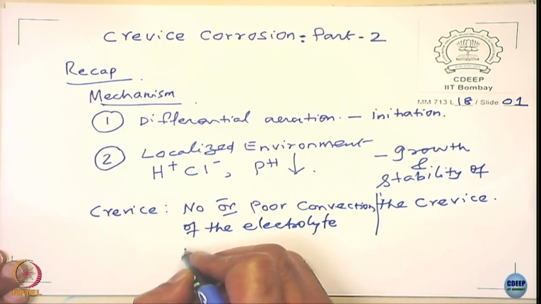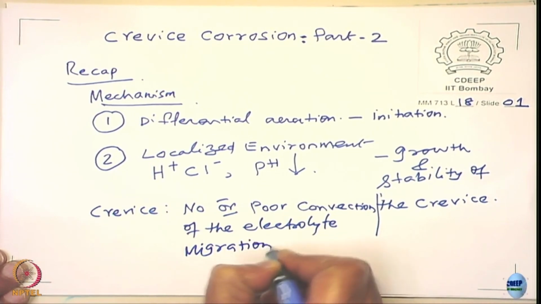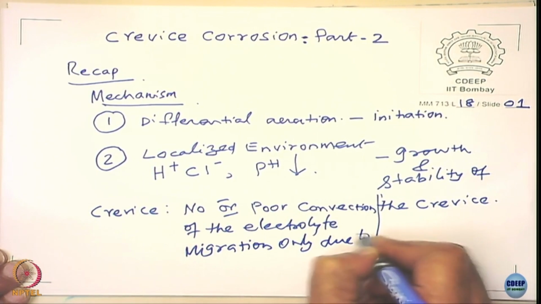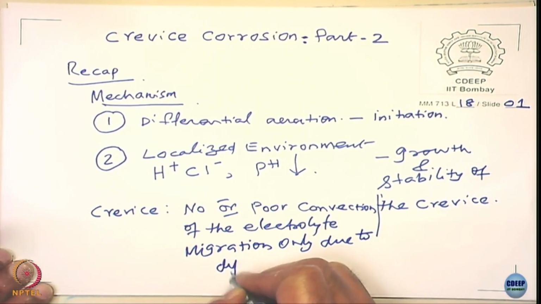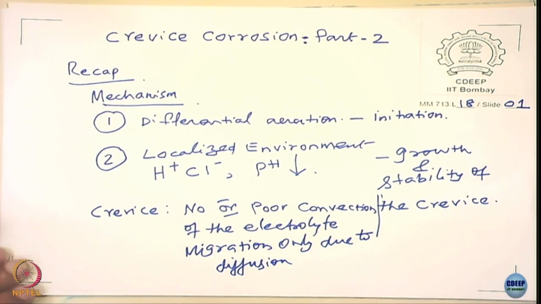So migration is only due to diffusion. This is the basic mechanism we saw in the last class.